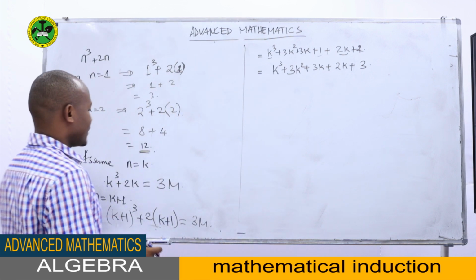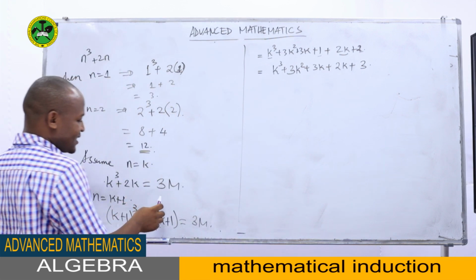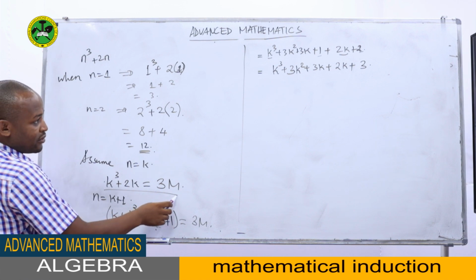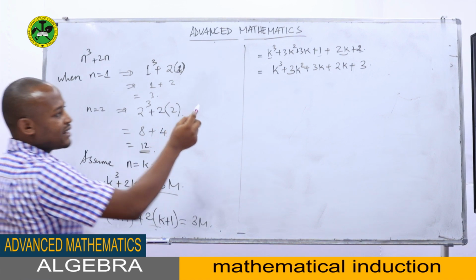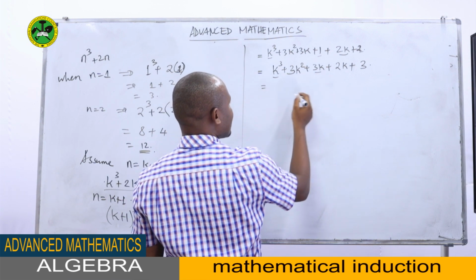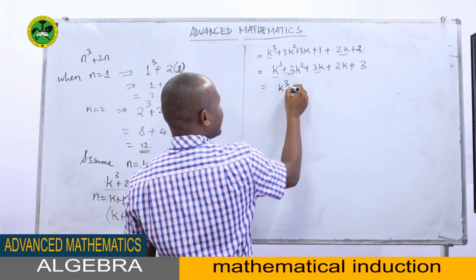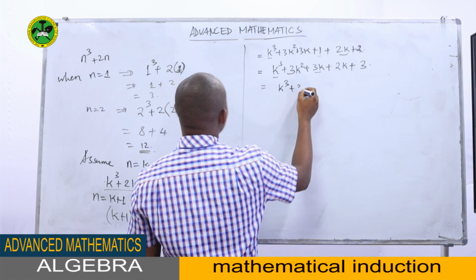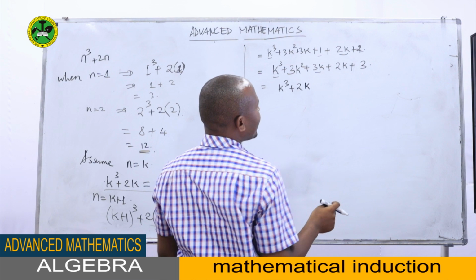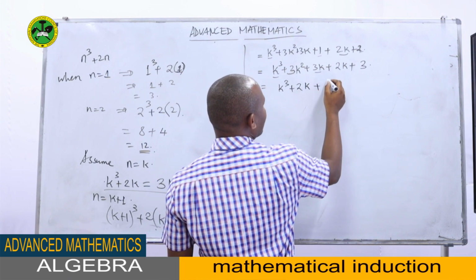But remember, in the last steps, we have been proving this is true. Can we find those factors there? You will see that they appear somewhere there. So we have k raised to 3 plus 2k somewhere there, and also we are left with what?